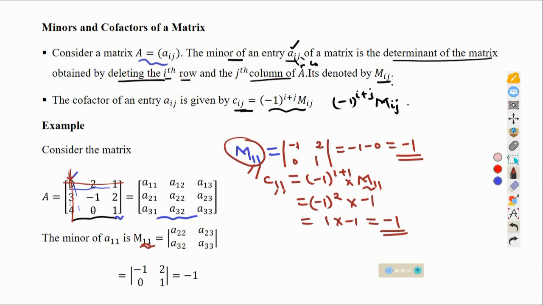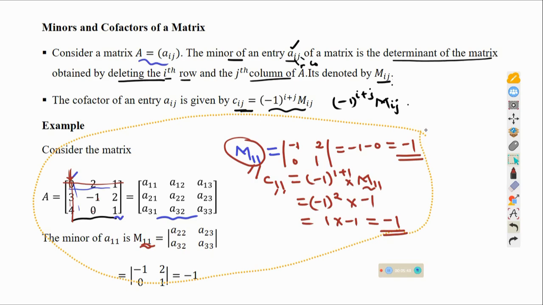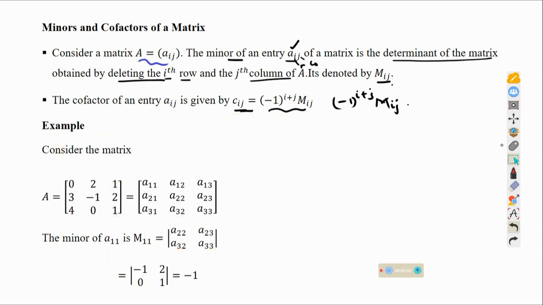Let us go on and see how to get the next one now. To get the minor 1, 2, we are talking about 1, 2, but what is in that position? We want the minor of this. To get the minor of 1, 2, you will delete the first row, second column.